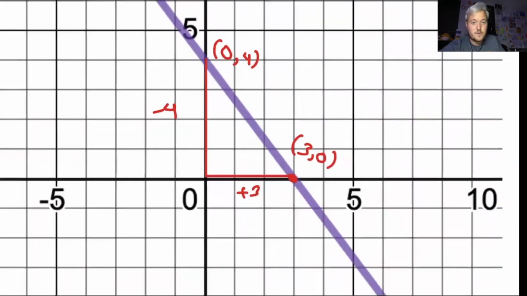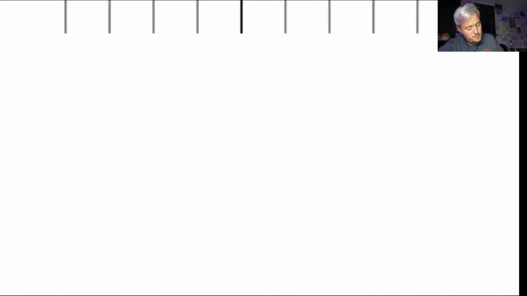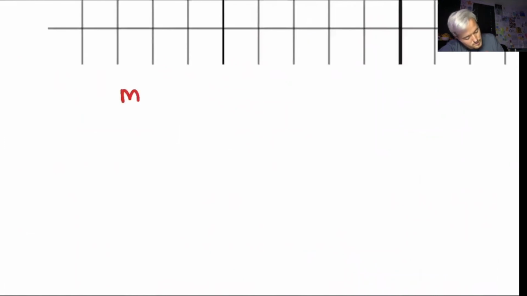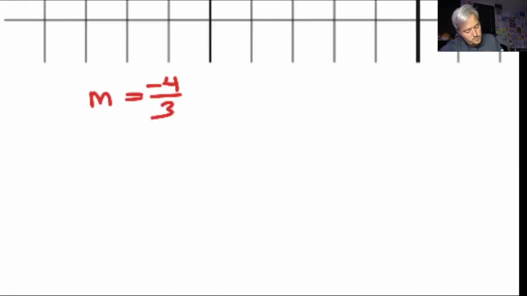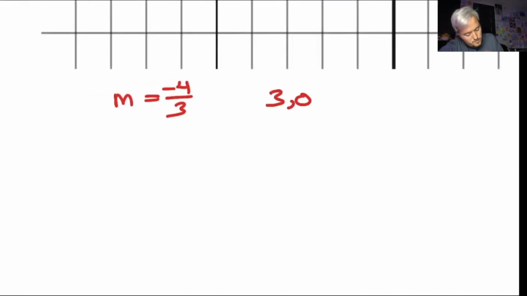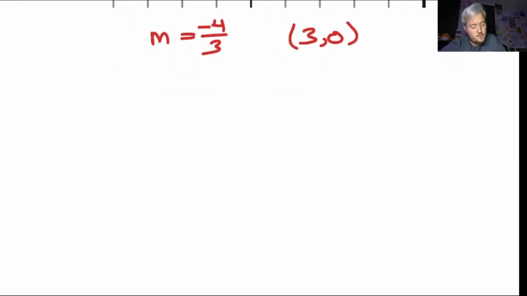So that means we're going to have a slope of negative 4/3. And then we're going to pass through the point. We'll use 3, 0. I don't know why, I just prefer using the x-intercept. All right, so y minus y1 equals m times x minus x1.